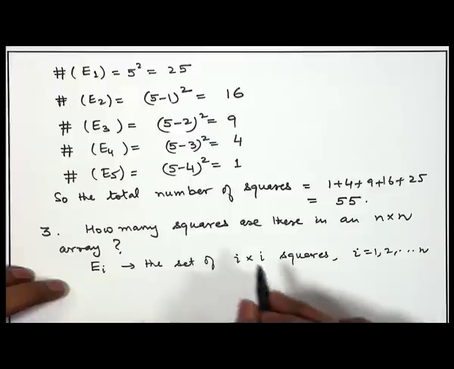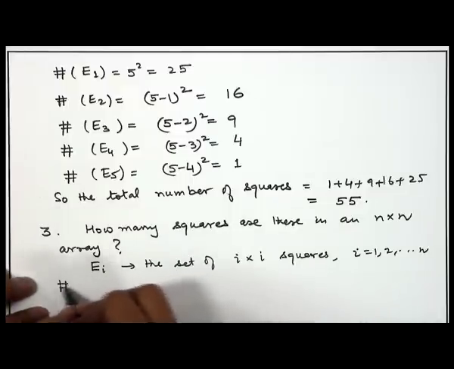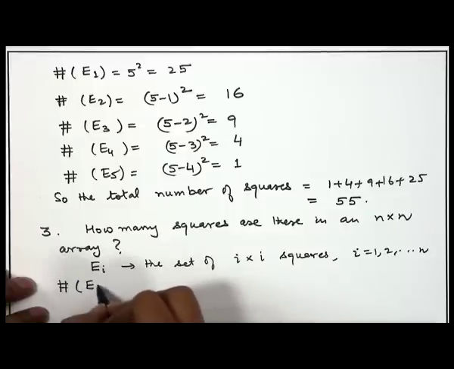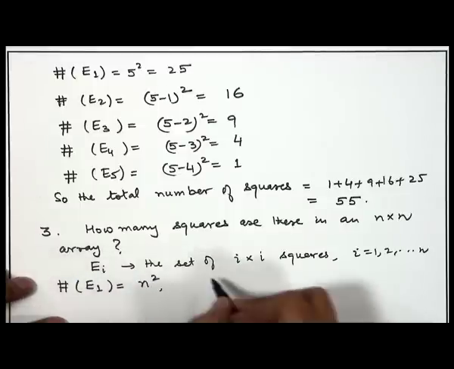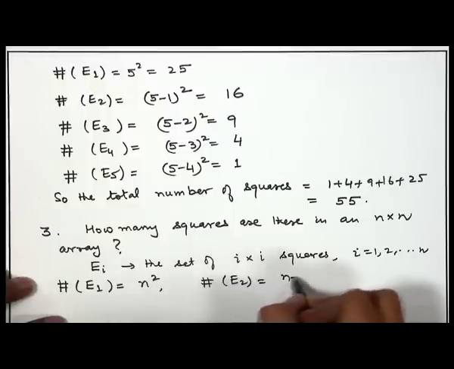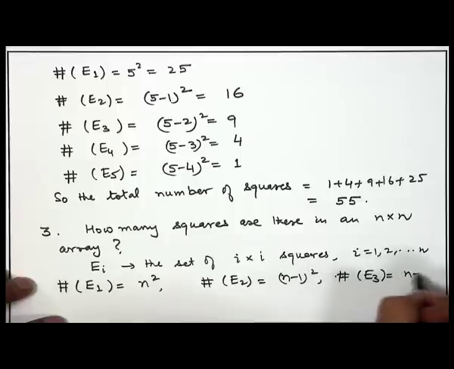Then if we keep the same method of counting, the number of 1 by 1 squares is simply n square. The number of 2 by 2 squares will be (n minus 1) square. The number of 3 by 3 squares will be (n minus 2) square, and so on.